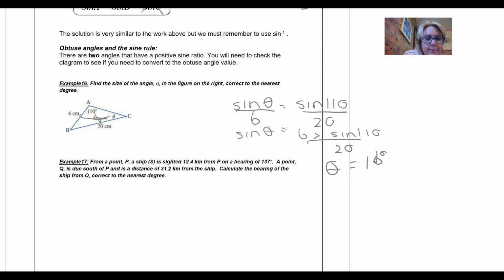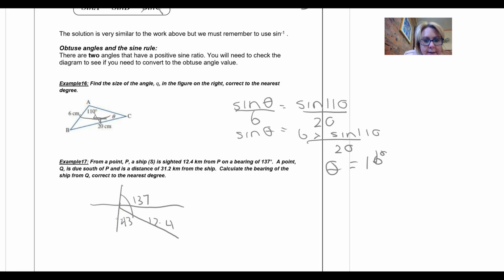We'll do this last example. A ship is sighted from P on a bearing of 137. So I've got to draw my bearing at 137 and say this is 12.4. So 137, which makes this 43.